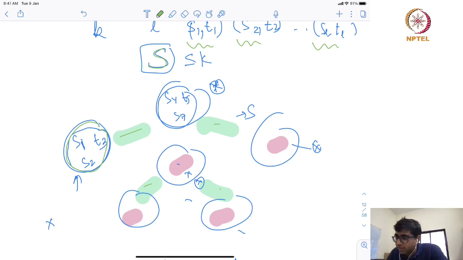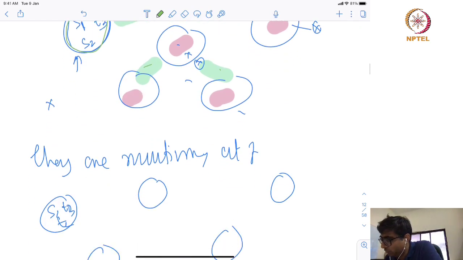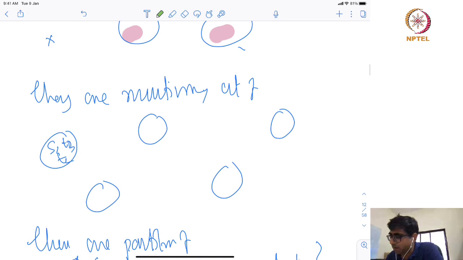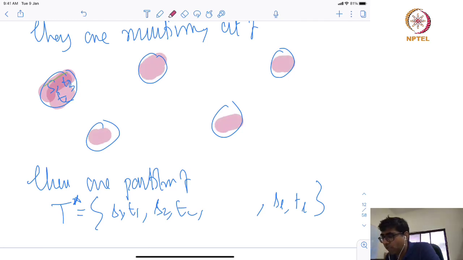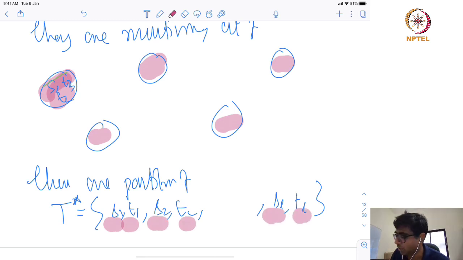If I think of this set S1, T3, T2 as a subset of vertices, then my edges of S actually act like a multiway cut. Okay, fine. So this S is basically a multiway cut of this set of terminals here. That immediately induces a partition of the set T star, where T star consists of S1 T1, S2 T2, up to SL TL.